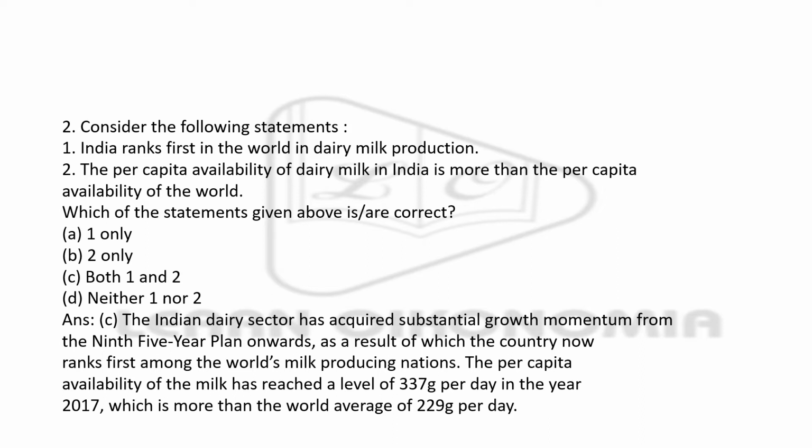We know that North India is very peculiar with respect to dairy production. The per capita availability of milk reached 337 gram per day in the year 2017, and this is more than the world average of 229 gram per day.